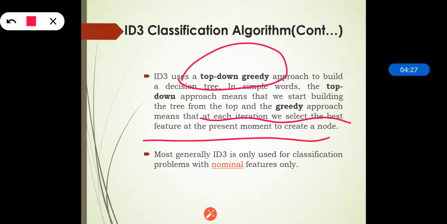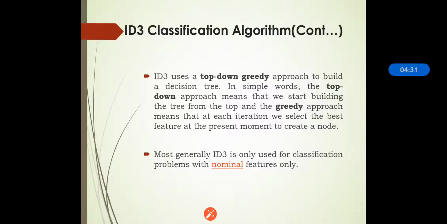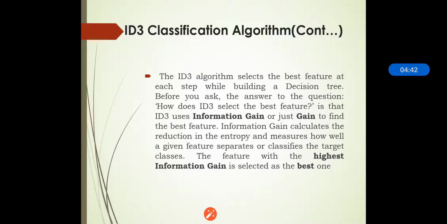Most generally, ID3 is only used for classification problems with nominal features only. Means it is generally used for classification problems with nominal attributes, which can have many values. The ID3 algorithm selects the best feature at each step while building the decision tree.